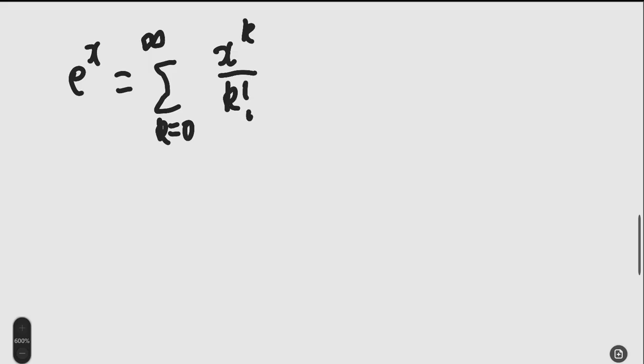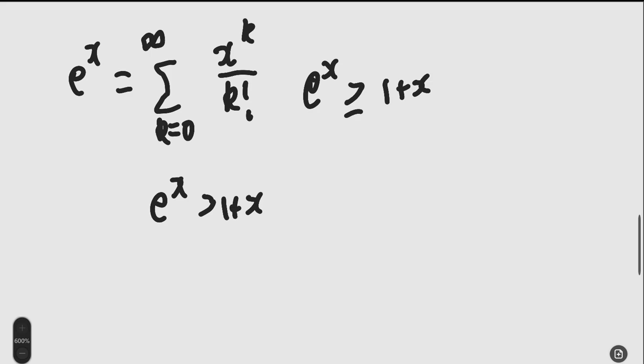And so e to the x is strictly greater than 1 plus x for positive x. For our case, we're starting at 1, so we can just say that e to the x is greater than 1 plus x.